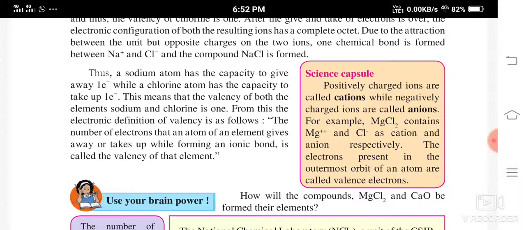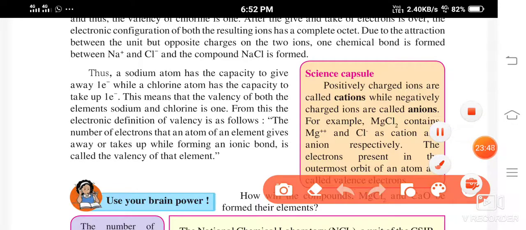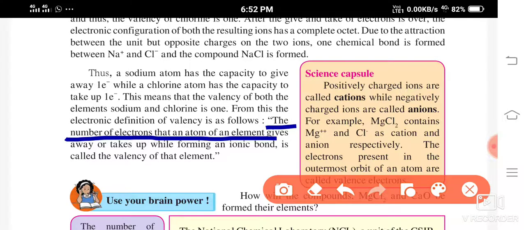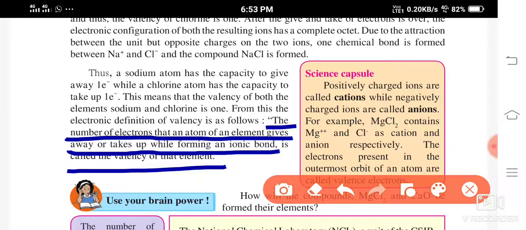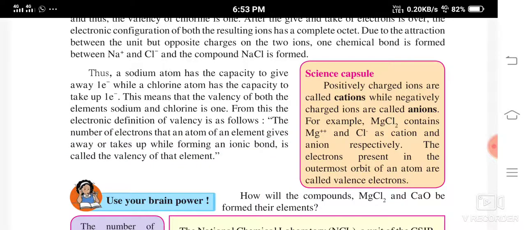So, from this, the electronic definition of valency is as follows. This definition is important again. The number of electrons that an atom of an element gives away or takes up while forming an ionic bond is called the valency of that element. So what is the valency? You saw in the case of sodium, 1 electron was given away, and in the case of chlorine, it accepted 1 electron.